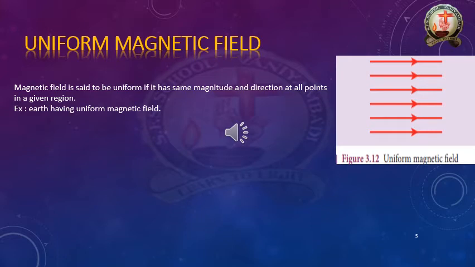Now, an example of a uniform magnetic field is the Earth. The Earth also has a magnetic nature, we know that, correct. So the Earth has a uniform magnetic field. You can just remember this as the example of a uniform magnetic field.